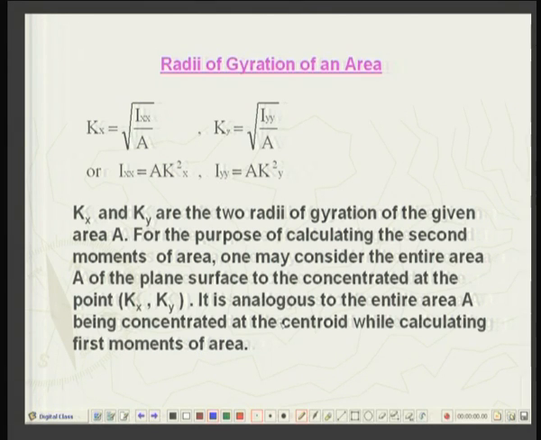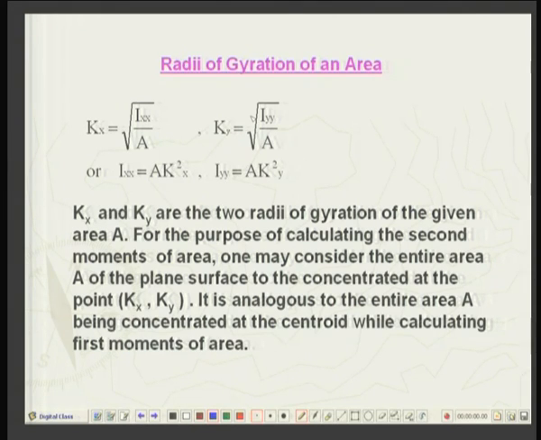We will define the x radius of gyration, kx, as the square root of the second moment about the x axis divided by the total area, and similarly for ky, the radius of gyration about the y axis, equal to the square root of Iyy divided by the area.